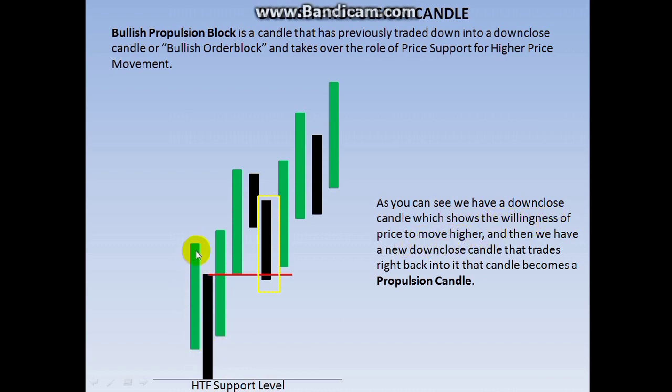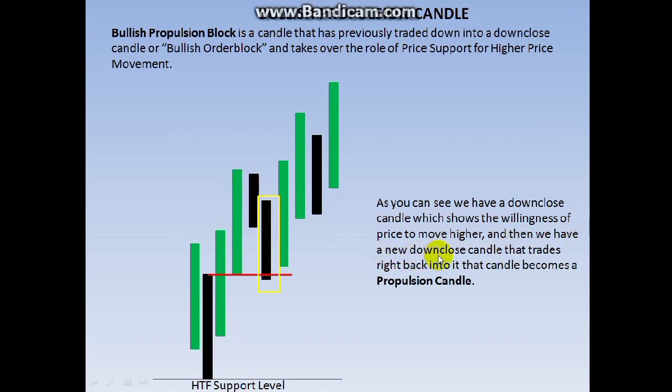This is price trading down into that higher time frame support level, and as you can see, we had a displacement. Price showed the willingness to move away, to expand higher.